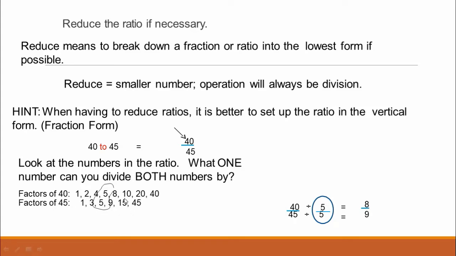So in these factors, there is one common factor, which is 5. So simplify this ratio by 5: divide 40 by 5 and divide 45 by 5. We obtain the simplest form of this ratio, 8 by 9. This is called reducing the ratio.